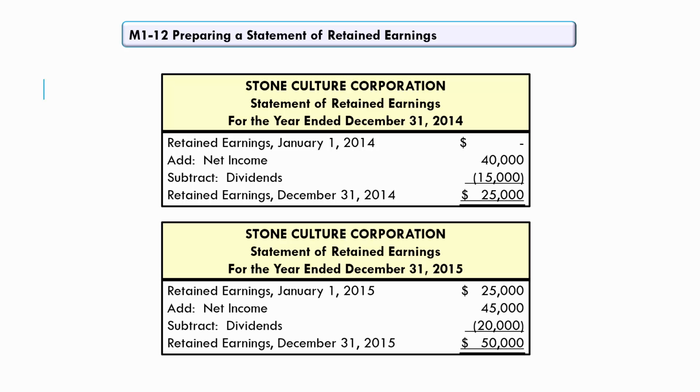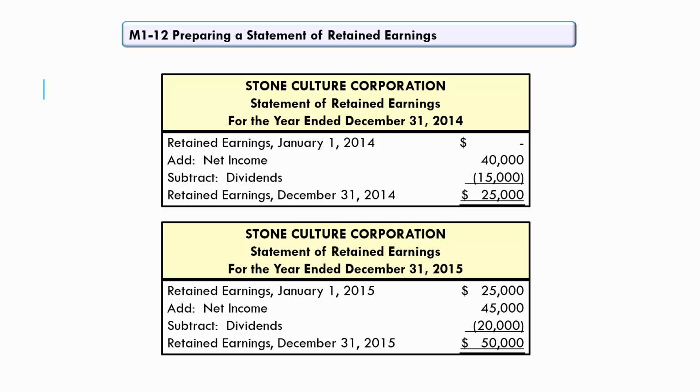You see for the next year, if we did a separate statement for the next year, the beginning number which we start with for that next year is the ending number of the previous year. So December 31st, 2014 is also the number we're going to use for January 1st, 2015 for this next statement.